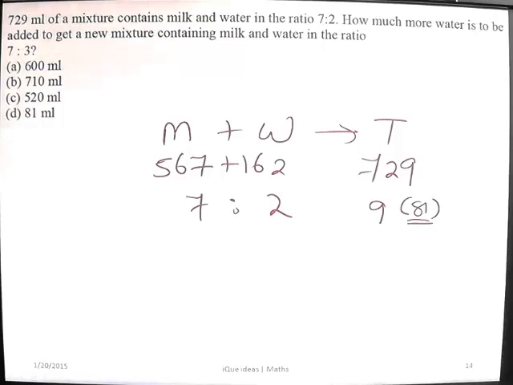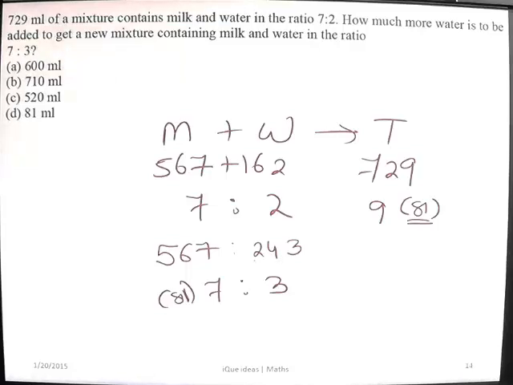Now it says how much more water is to be added to the mixture to get milk and water in the ratio of 7:3. Now if water is being added, it means that milk is still remaining at 567, but now the ratio is 7:3. Now I already know that 7 multiplied by 81 was 567. So using 81, I get 81 threes are 3 ones are 3, 8 threes are 24.